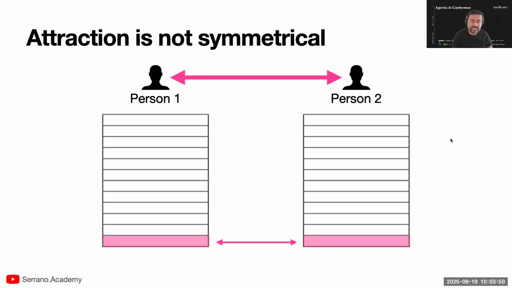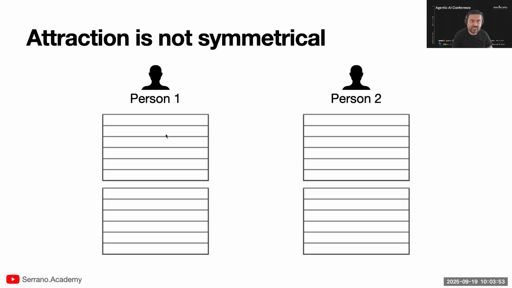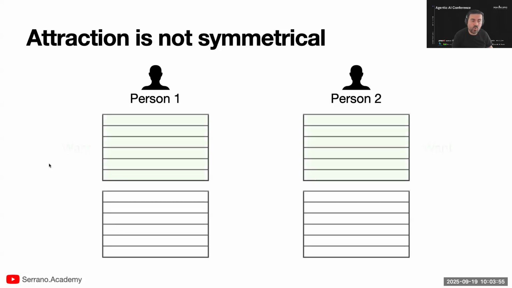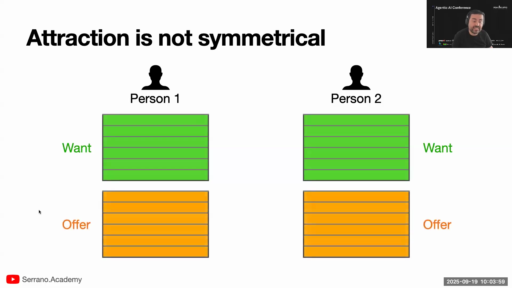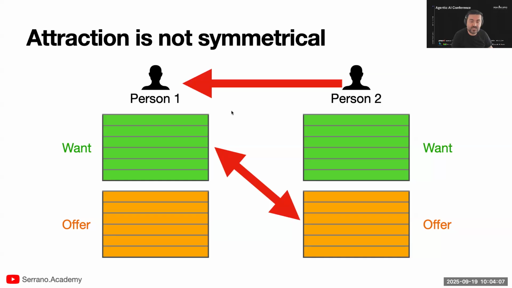The way it works is you have some features of a person that are what they want in a partner and others of what they offer. And you can't just match one by one here. You have to match what this one wants with what this one offers, and that tells you how attracted this person is to this one. And then backwards, what this one wants with what this one offers, and that tells you the attraction in the other direction. And there's no reason these two arrows have to be of the same thickness, right?